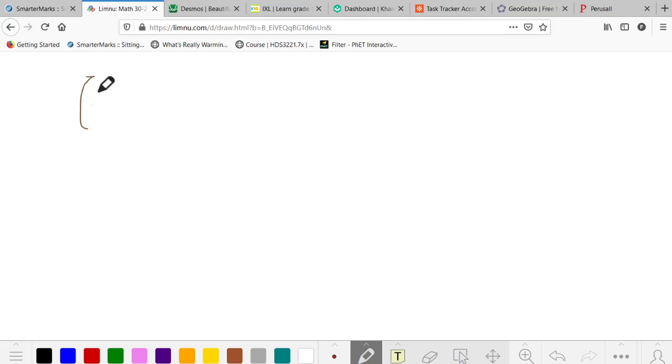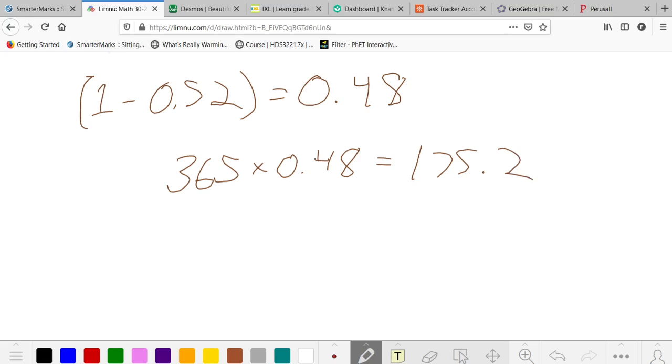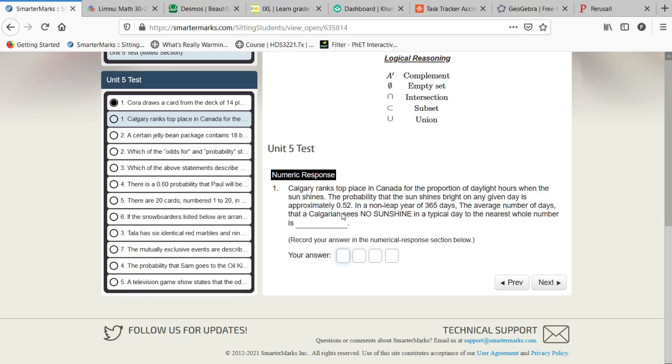So the probability that the sun doesn't shine is 1 minus 0.52, which is 0.48. And 365 times 0.48 will give us the number of days, that works out to 175.2. So to the nearest whole number, that's 175. Any questions about this one?